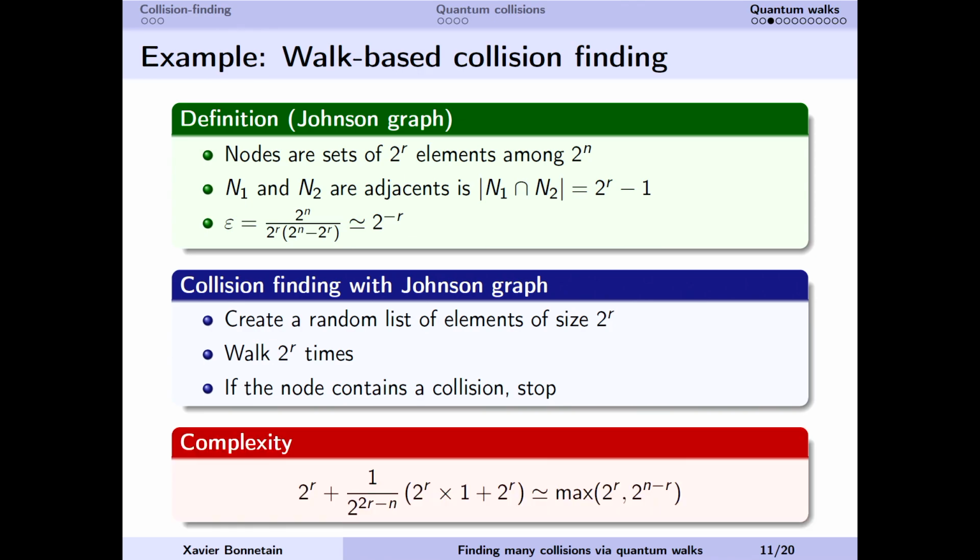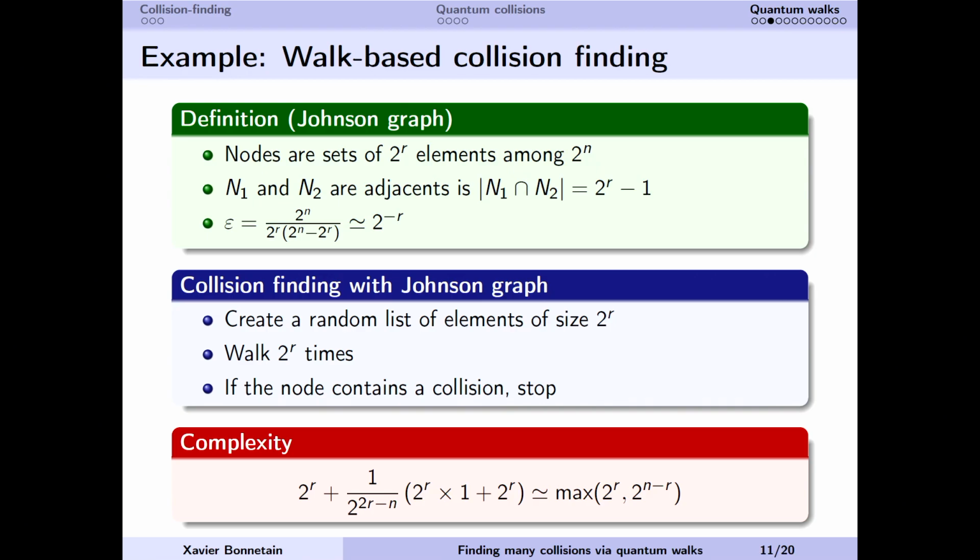So the overall complexity is presented here, and we have a trade-off between the size of the list and the number of walk steps we need to do in order to obtain a collision. The list is of size 2^r, and the probability for a node to be marked is 2^(2r-n).